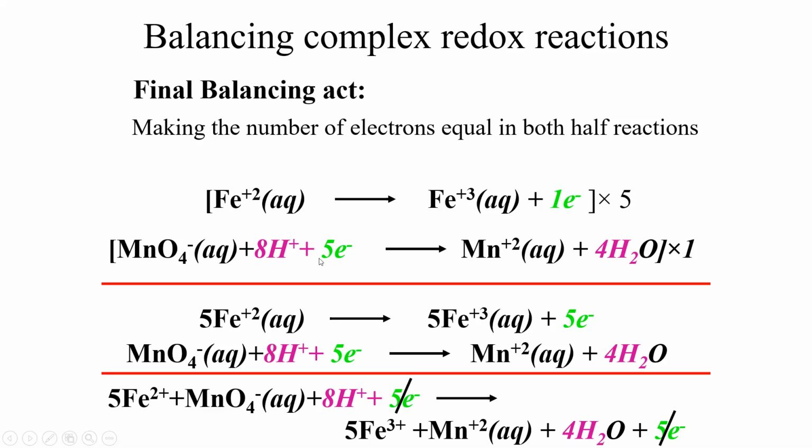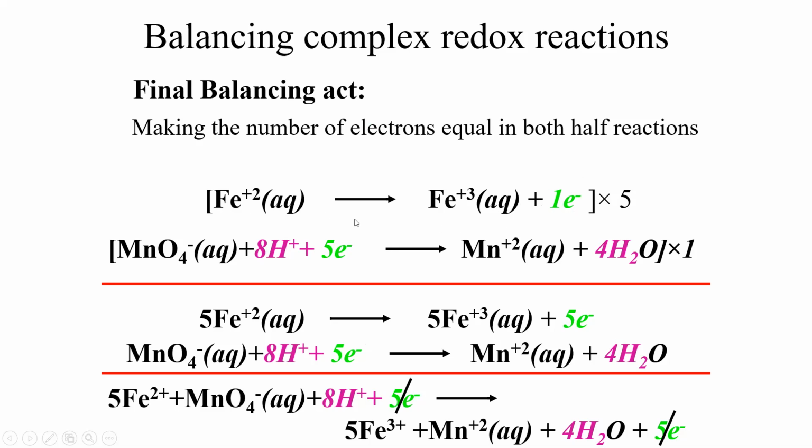So the only way we can knock off the electrons is by multiplying the oxidation half equation by 5, so that this becomes 5 electrons, and we do absolutely nothing to the reduction half equation, so that the 5 electrons will cancel out on both sides. And in multiplying this by 5, like I said, we are not multiplying just the electrons alone by 5.